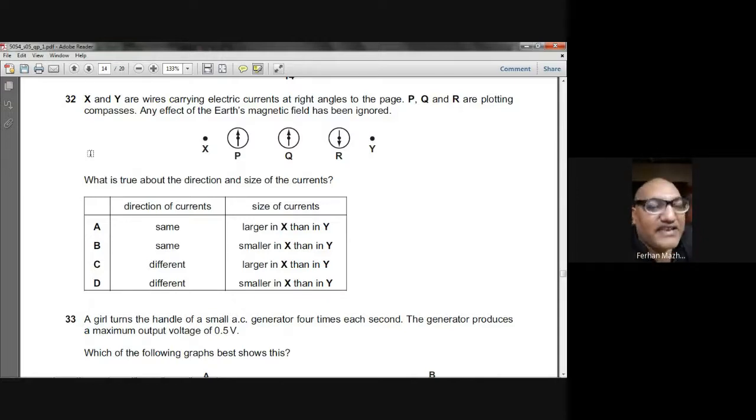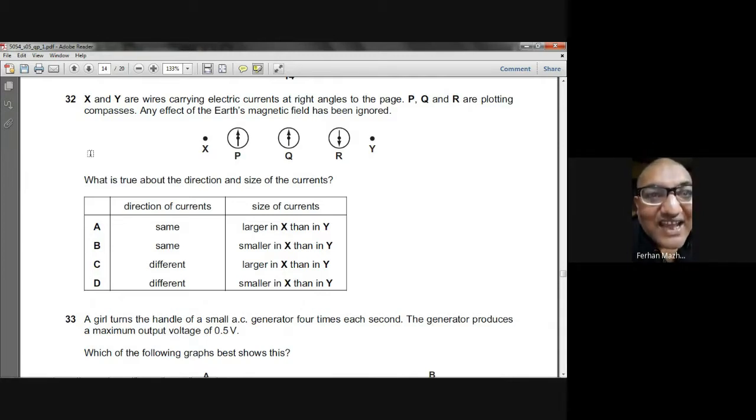Near Y, the magnetic compass R is telling you that the direction of the magnetic field is towards the bottom of the page. In the middle, the compass Q needle is following the magnetic lines produced by X. It is not following the magnetic lines produced by Y.